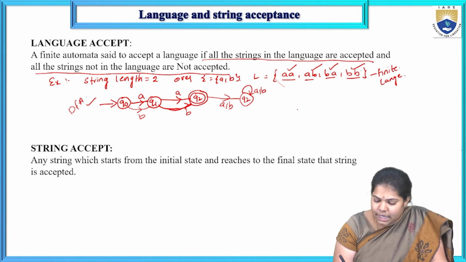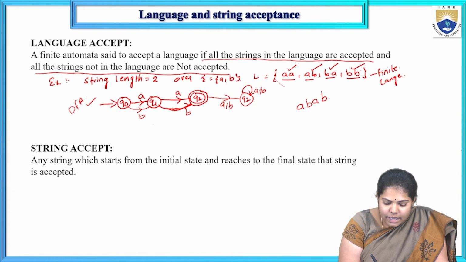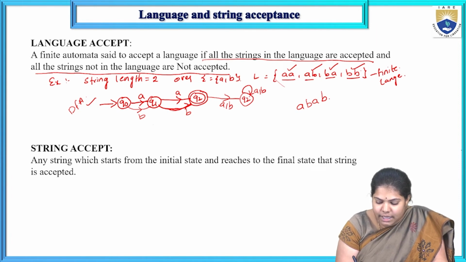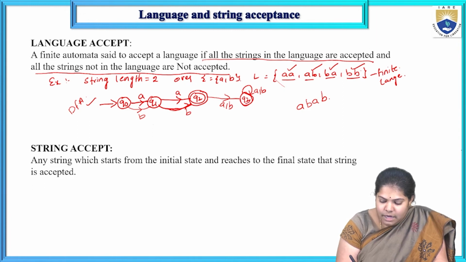Now check any string, like ABAB. Here A from Q0 reaches Q1, and on seeing B it reaches Q2. On seeing A again it reaches Q3, and on seeing B it reaches Q3.